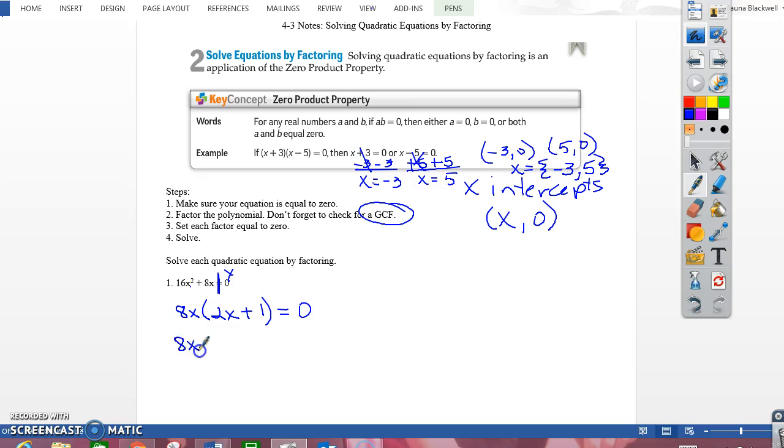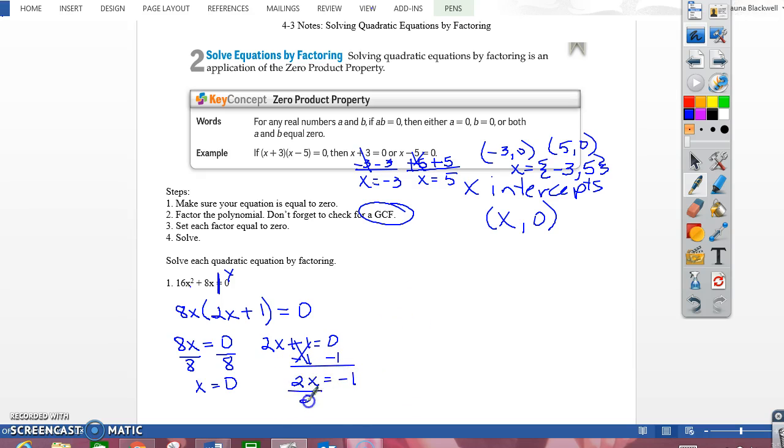So we take our factors of 8x and 2x plus 1, and we set them equal to 0. And then the last step is to solve. So if I solve 8x equals 0, that's just a simple equation. We divide by 8, and x equals 0 divided by 8, which is 0. Here, we subtract 1, and we get 2x equals negative 1.